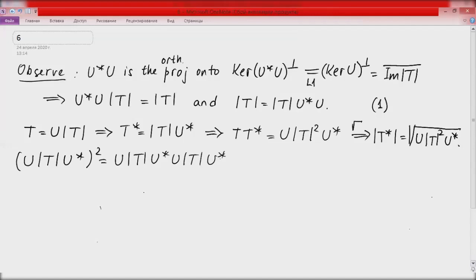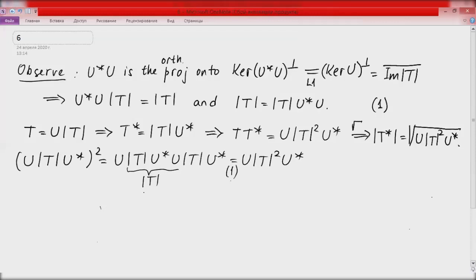And now by formula 1, this product here is just the modulus of T. So this is just the following operator. This follows from formula 1.